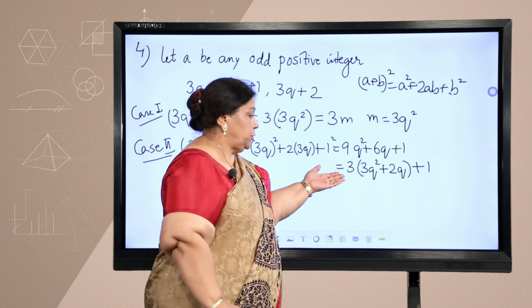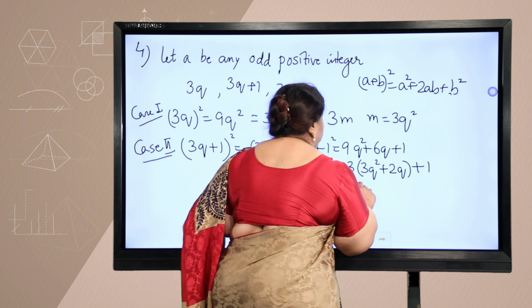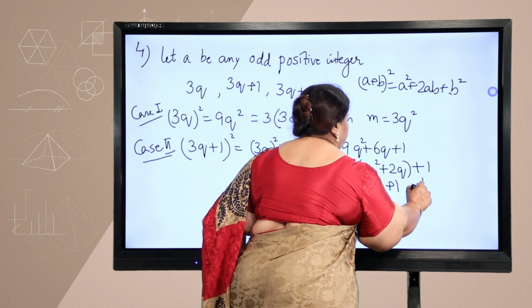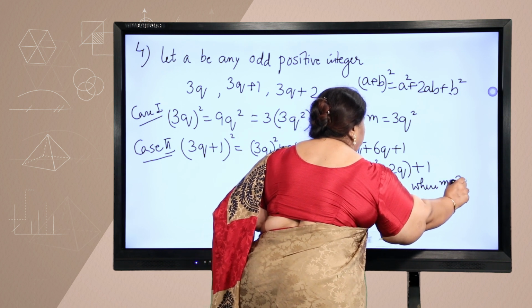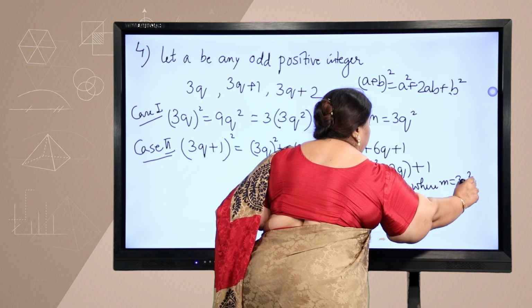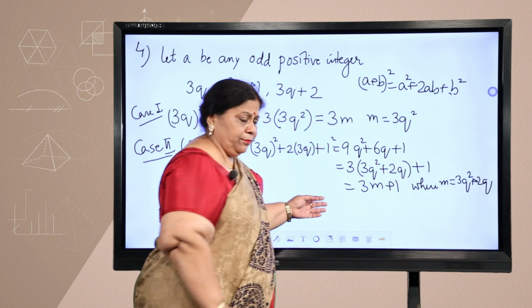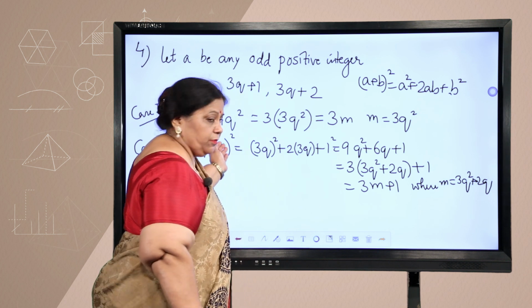Notice here I am expressing this in the form 3m plus 1. How? 3m plus 1, where m is equal to 3q square plus 2q. Is it clear? We have taken the square of 3q plus 1.